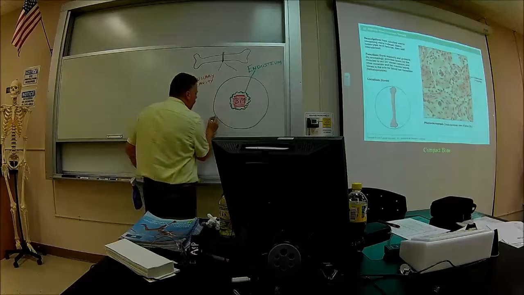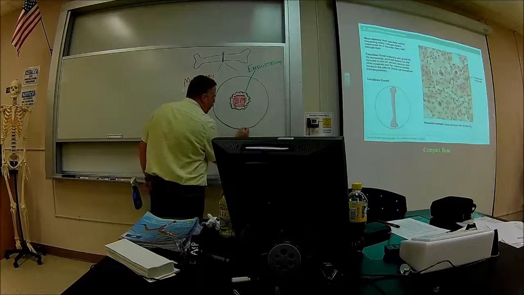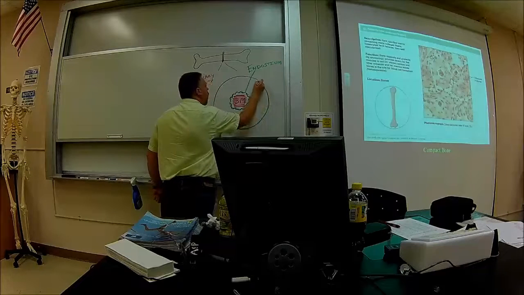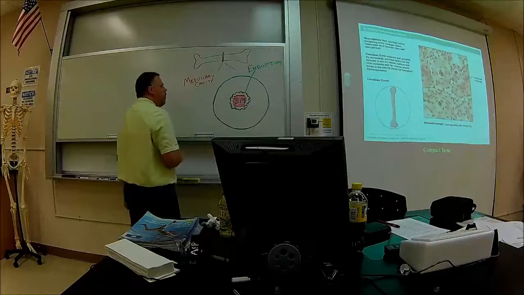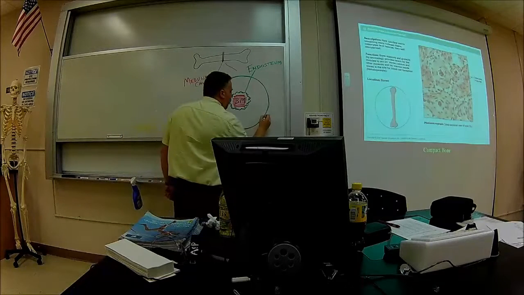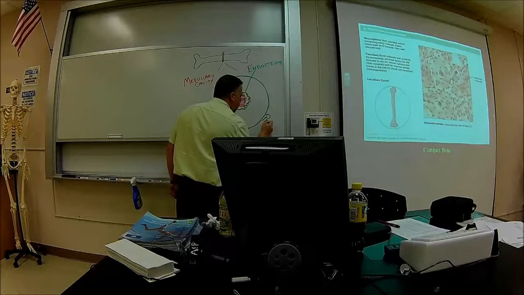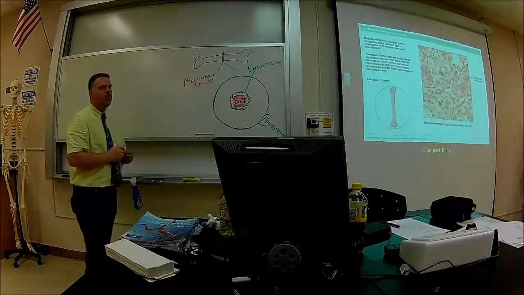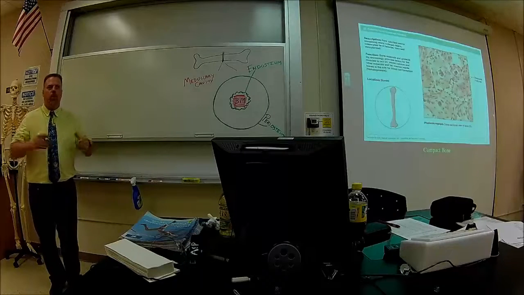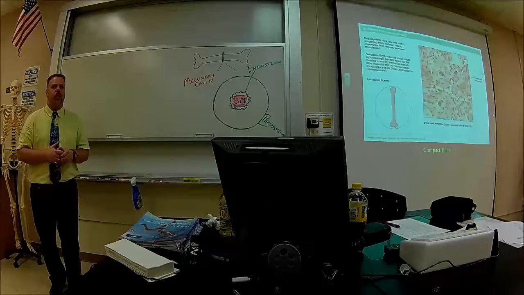The lining that's going to be all around the bone itself, that's called the periosteum. It's just connective tissue that holds the whole thing together.